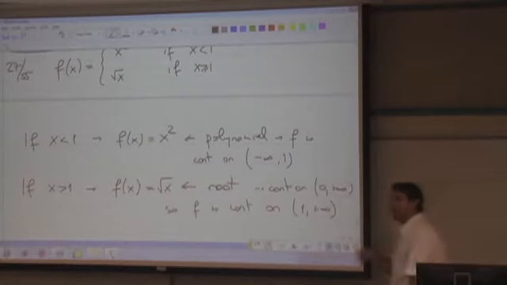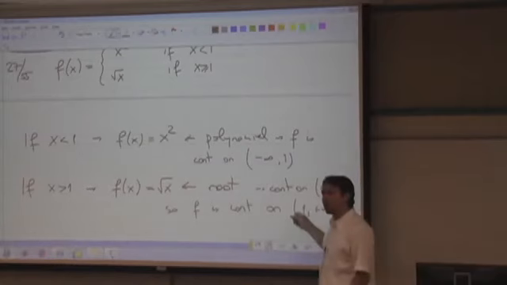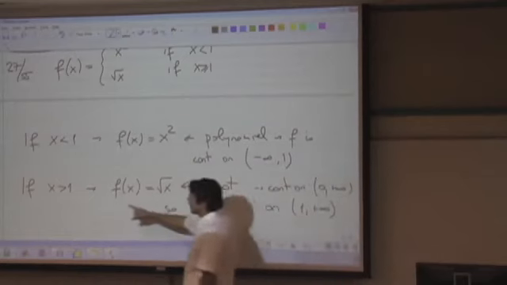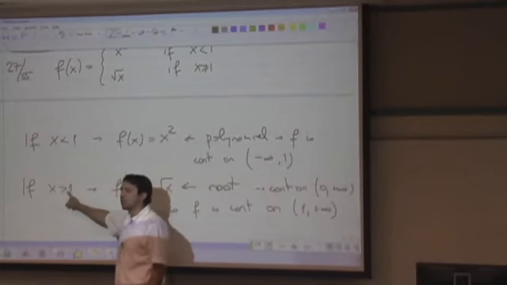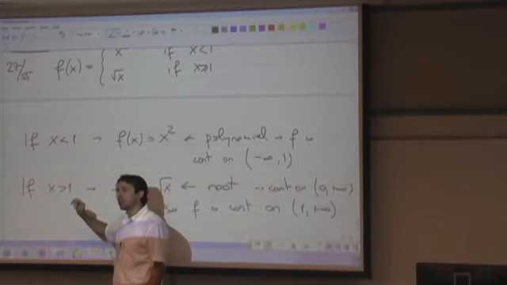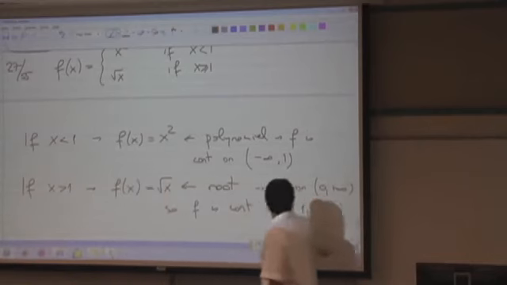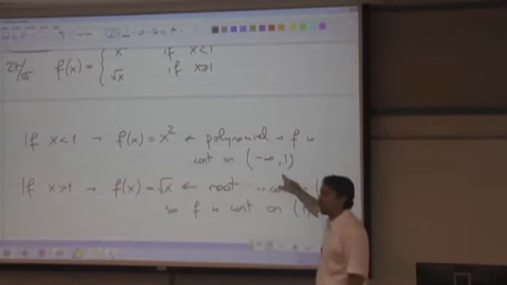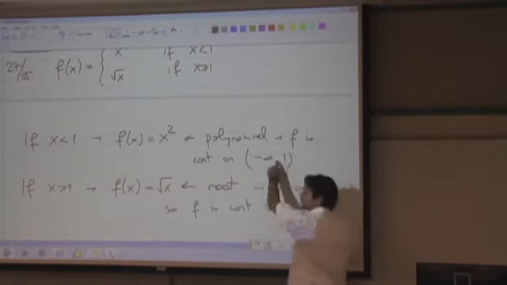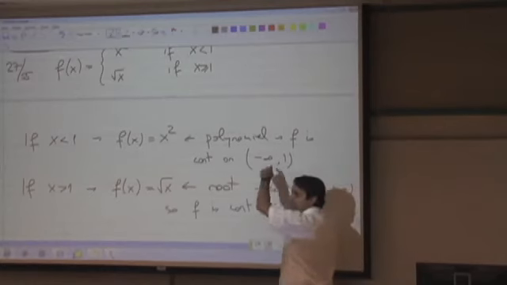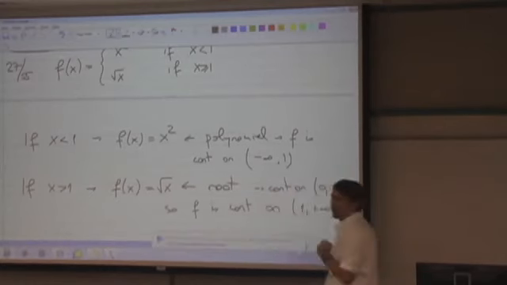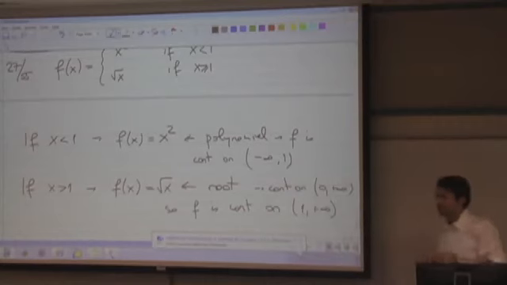The key idea is, yes, you could probably include 1 in here, but then I would have had to start with an equal sign over here. But the problem is that f could be continuous on the closed and the open and that would not necessarily mean that it's continuous everywhere. The ends actually have to meet. Does that make sense?